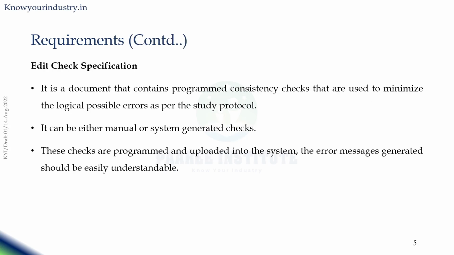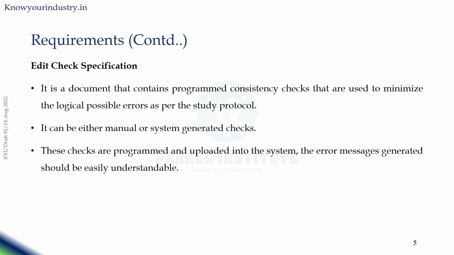Edit check specification. This we also discussed in the earlier modules, edit check programming, as well as in the eCRF designing module. It is a document which will contain the programmed consistency checks which are used to minimize the logically possible errors as per the study protocol. It can be either manually generated or system generated.